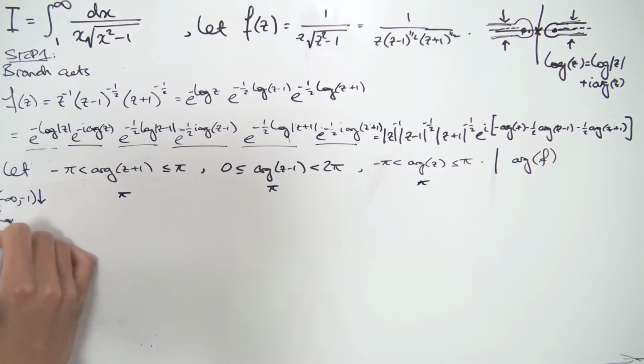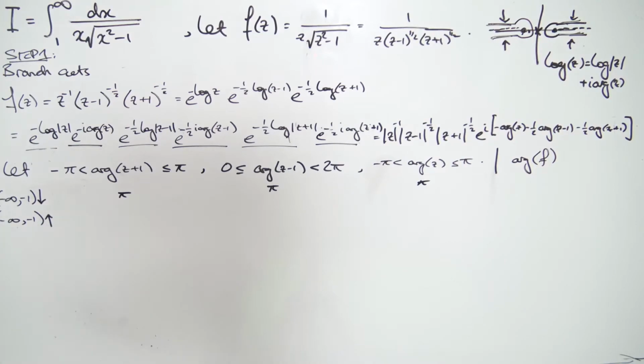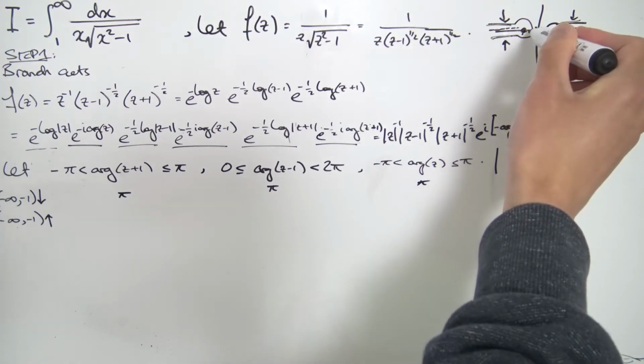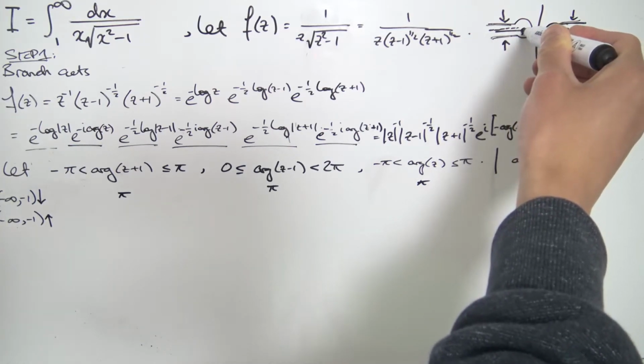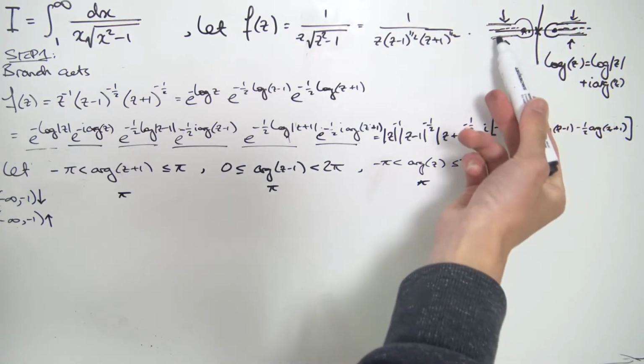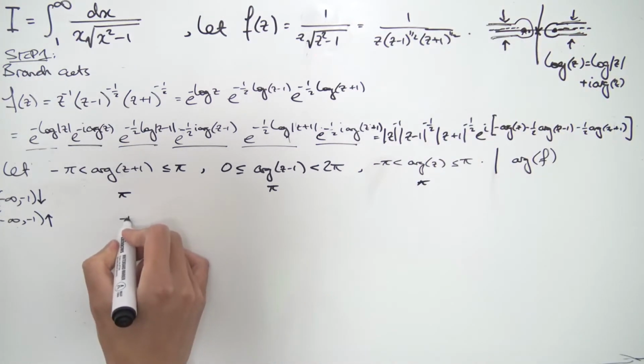Okay, let's consider the same interval again, minus infinity to minus 1, but approaching from below. So let's center ourselves right over here. If we approach from below, then we're going to approach an argument of minus pi. Hope you guys can see that we're approaching minus pi there.